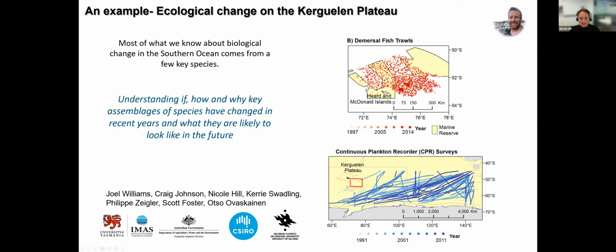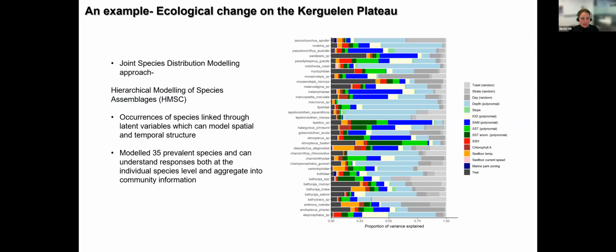That allows us to start asking questions like, apart from how have a few key species changed, if, how, and why whole assemblages of species have changed in recent years, and in response to what. And if they have changed, can we say what they are likely to look like in the future? This is work that's underway at the moment.